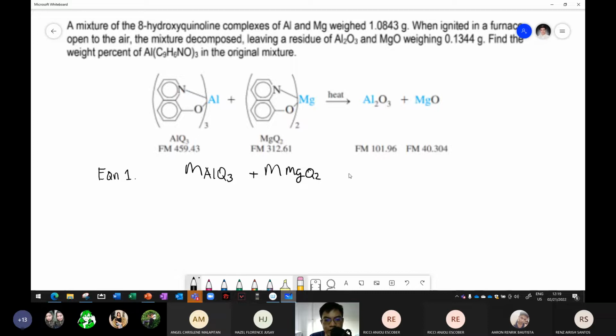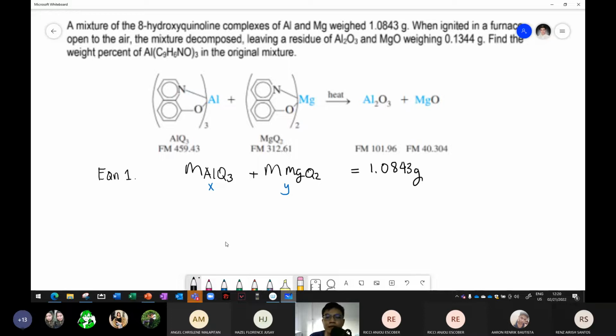And yung total mass nila ay 1.0843 grams. Mag-let ka na ng unknown variable. Gawin natin tong x, gawin natin tong y.